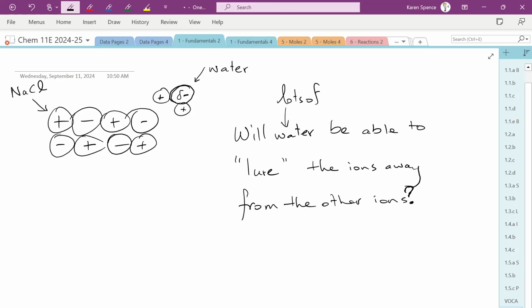Does that help you, Tony? Will lots of water be able to lure the ions away from the other ions? We're not just talking one water molecule, we're talking lots of water molecules. What do you guys think? Does water have anything to offer those ions that they find attractive?